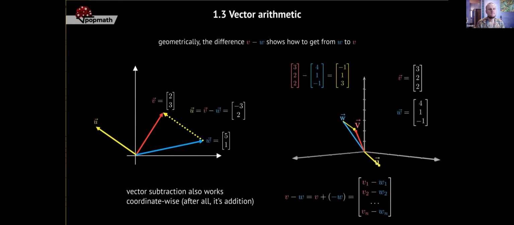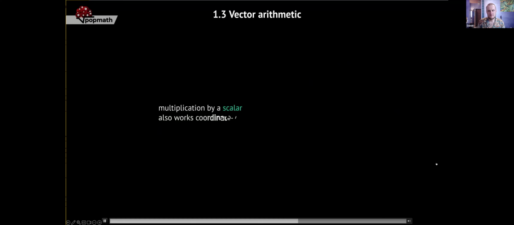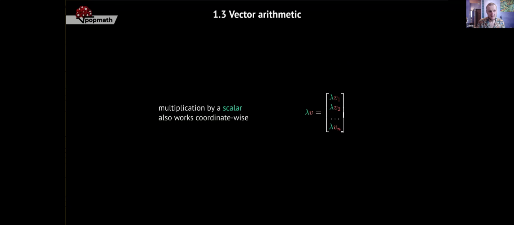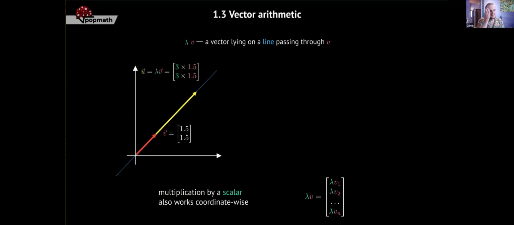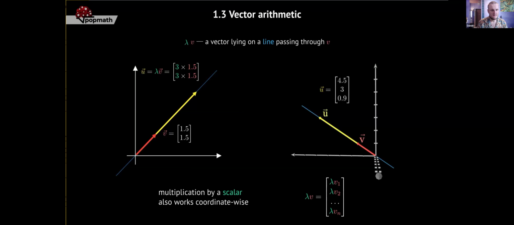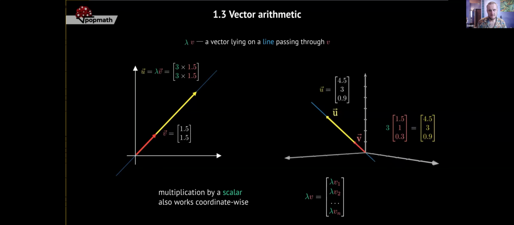Basically, vector subtraction is like addition, but you add something negative, so it can all be notated as addition. And scaling, or multiplication by a scalar, just scales the vector, and the resultant vector will necessarily lie on the line of the initial vector. In any dimension, it still looks the same.